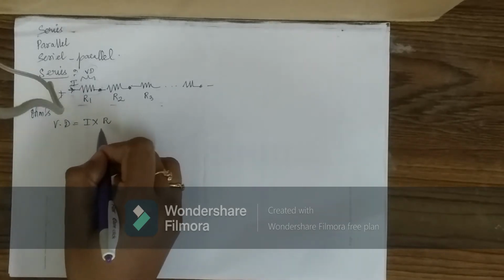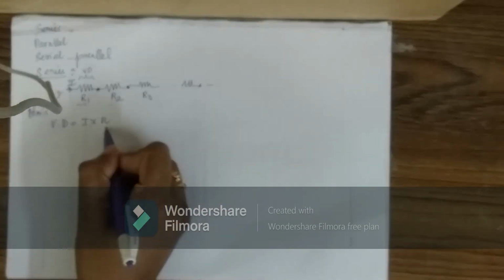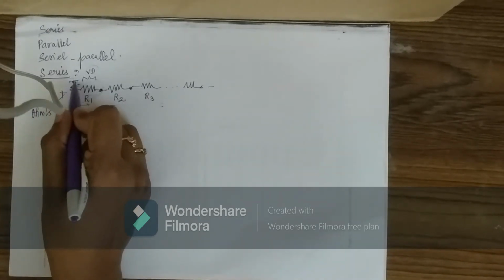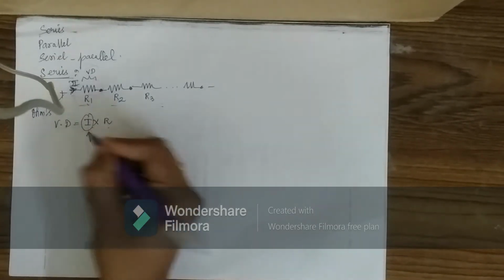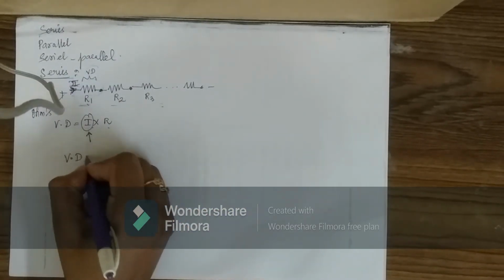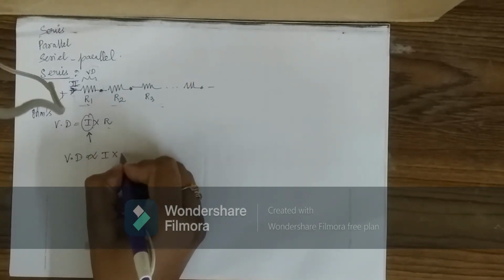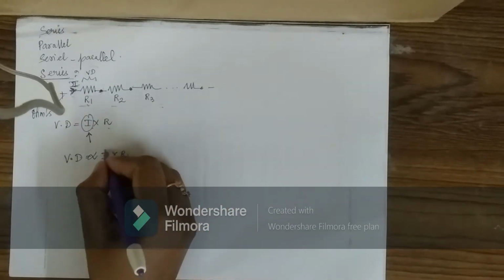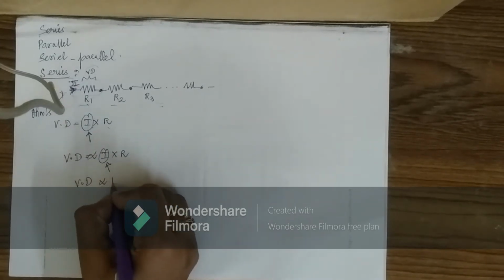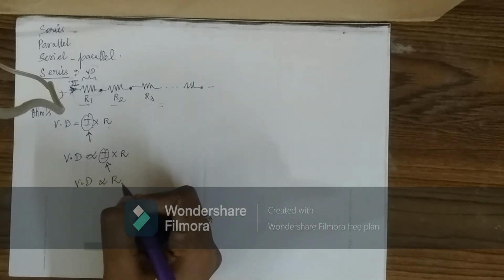So based on that relation, the voltage across each resistor is I into R. In a series circuit, as the current remains the same, I is the same for all resistors, so the voltage drop is proportional to the resistance value.